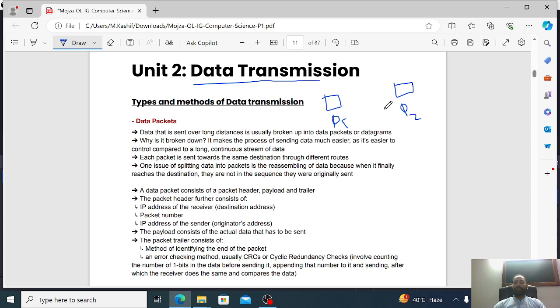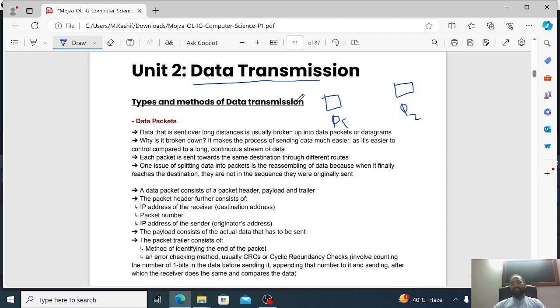So we have set the connection between two devices. There is a wireless connection. It means both devices are connected to each other. So when two devices are connected to each other, it means they can exchange their data.